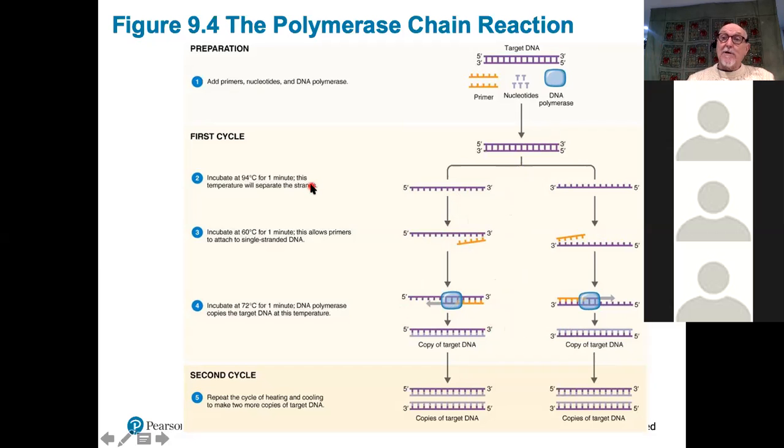We raise the temperature again. We raise it up to 94 degrees Celsius. All of this DNA will split apart. We lower the temperature to 60. Primers will stick on to all of these strands. We raise the temperature again to 72. The DNA polymerase duplicates all of the strands. We end up with 4 strands.